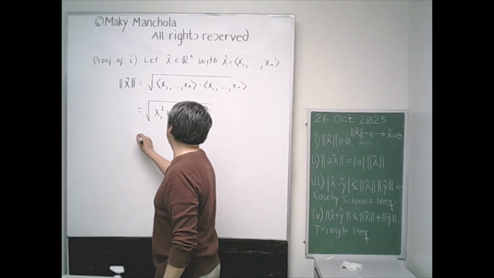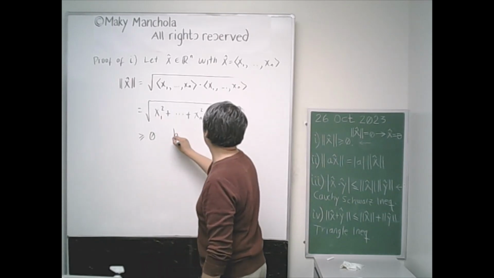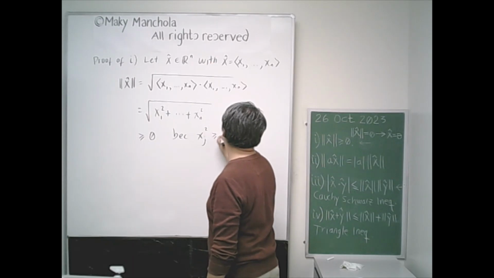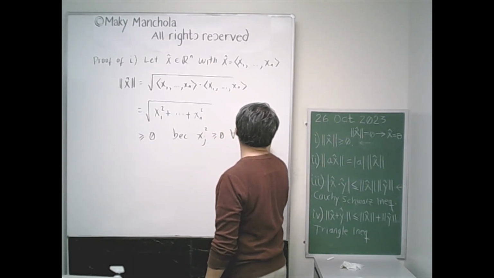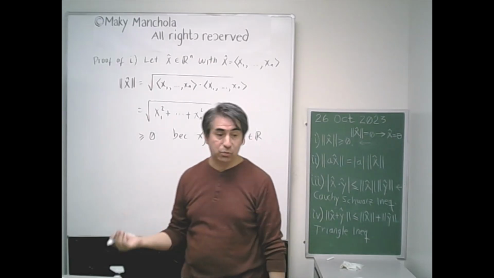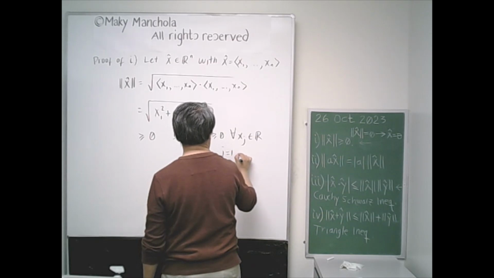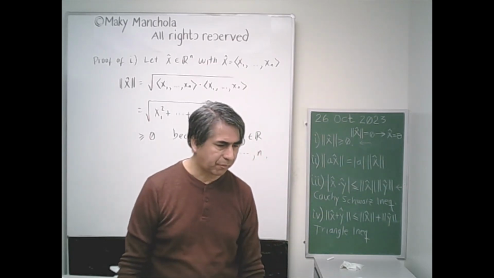So this ends up being greater than or equal to 0, because xj squared is greater than or equal to 0 for all xj in R, for j equals 1 through n here. Okay, so that was simple.